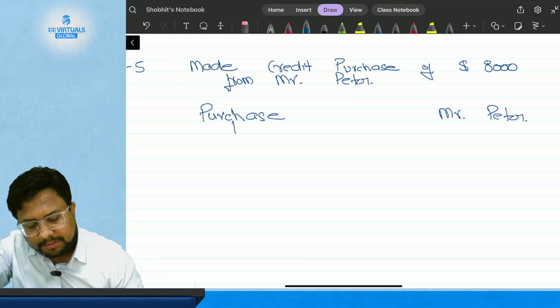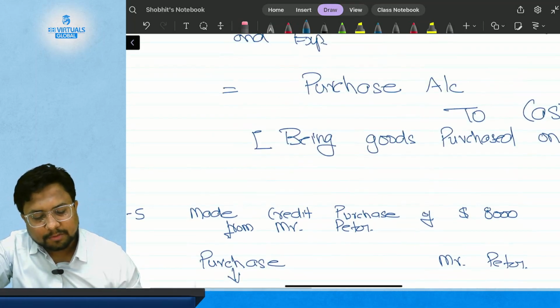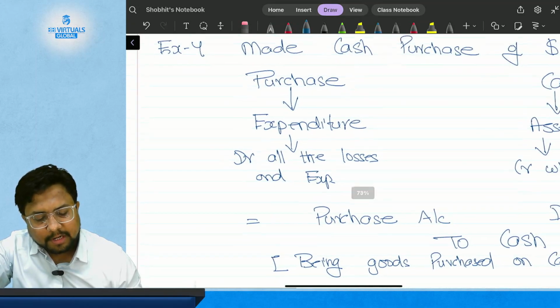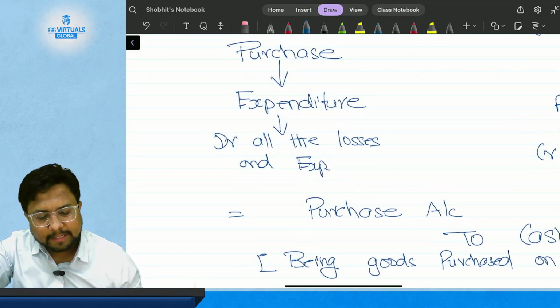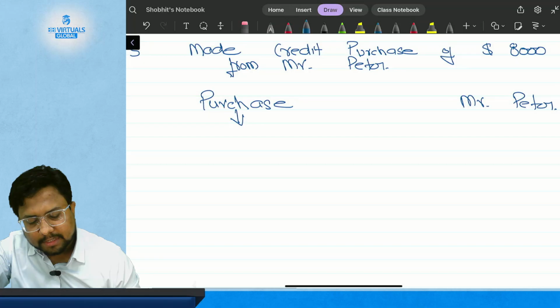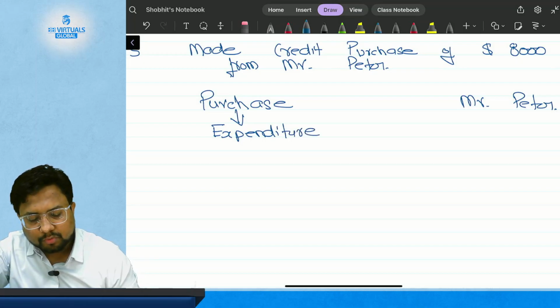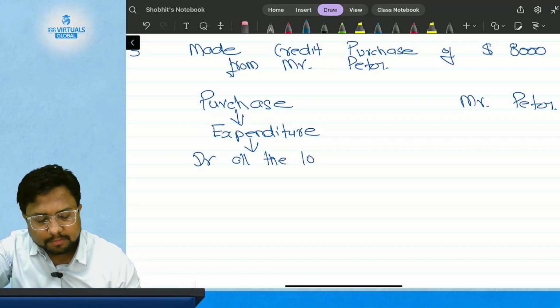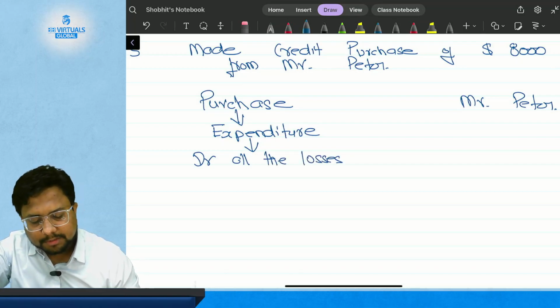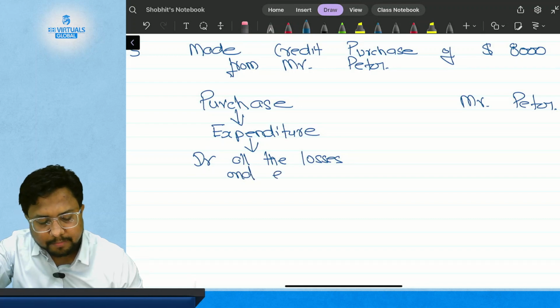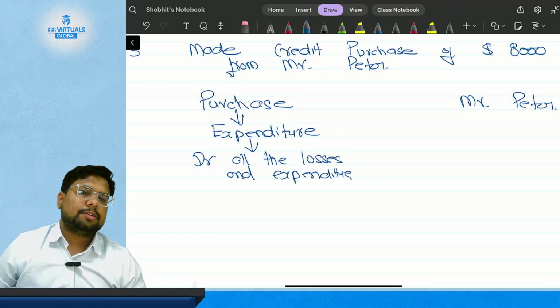For purchase we have already seen: purchase is an expenditure and the rule says debit all the losses and expenditure. Okay, so this is the rule.